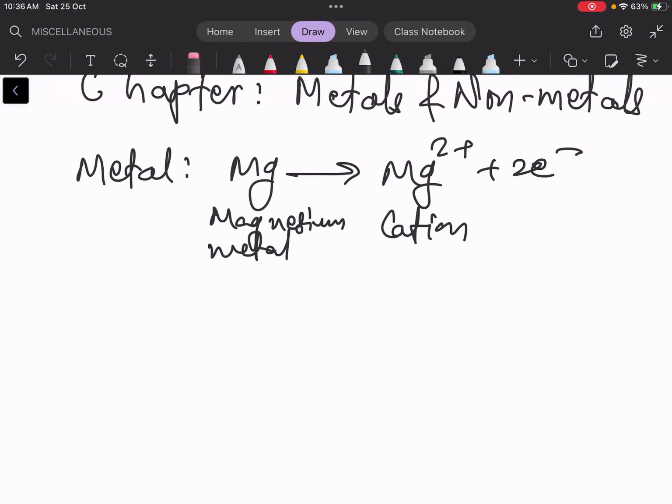Similarly, transition metals or d-block metals include iron, Fe, copper, Cu, then silver, Ag, gold, Au, then platinum, Pt, then palladium, Pd. Is there any doubt? All of you understood the definition of metal? Yes, sir. Okay.